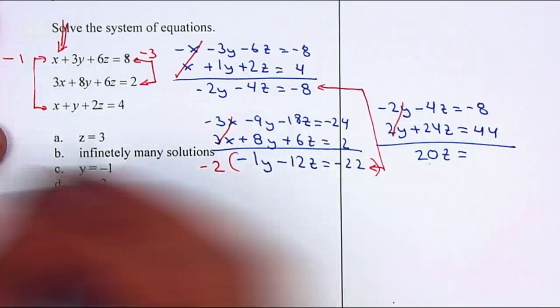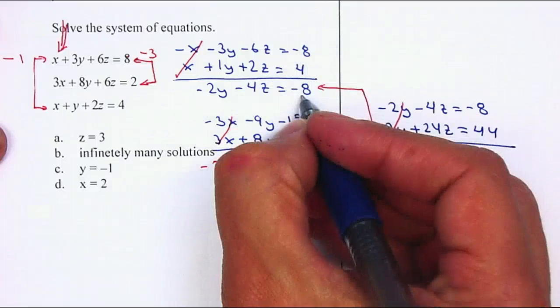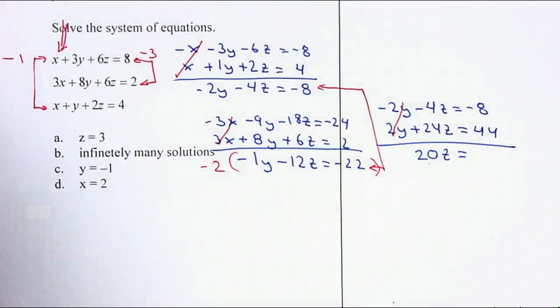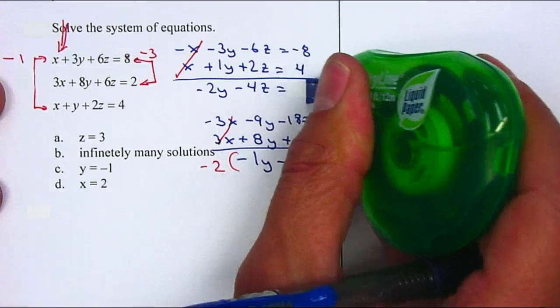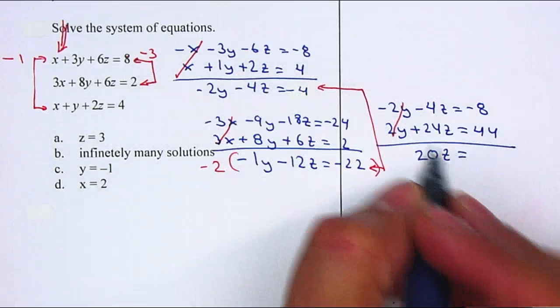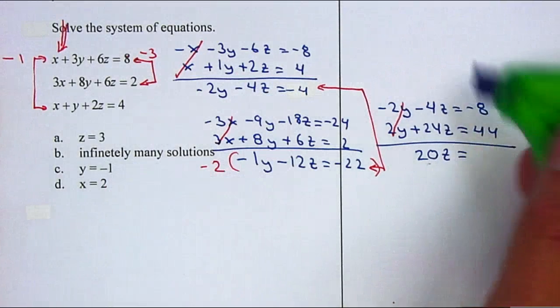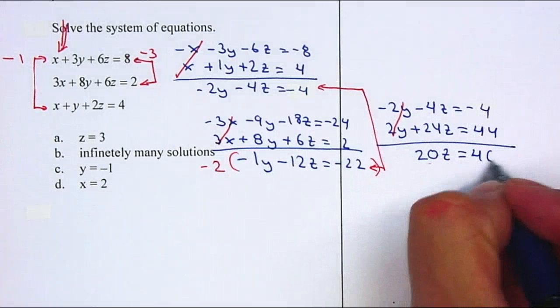That one's fine. Did I add correctly? That one's fine. -4. So I made a mistake in here. So let's see. This should be a -4. It is important that you learn how to find your own mistakes just by double checking each of the process. So that should be a -4, and that makes sense. That should be a 40.